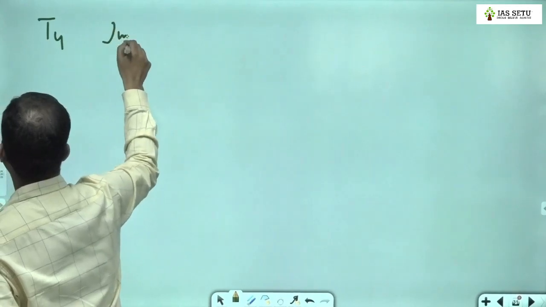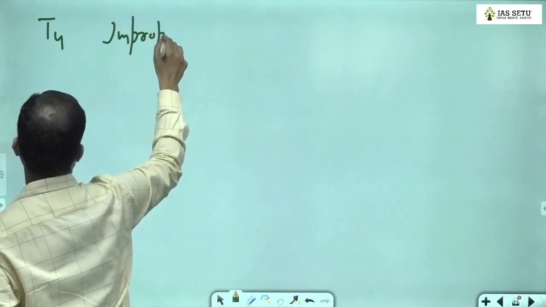Then next is type 4. It is applicable for improper fractions.